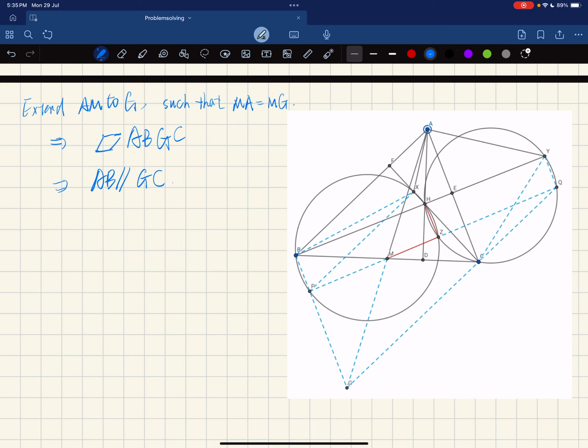From your observation, we might think that here are 3 parallel lines. Maybe it's right. AB... it's not.